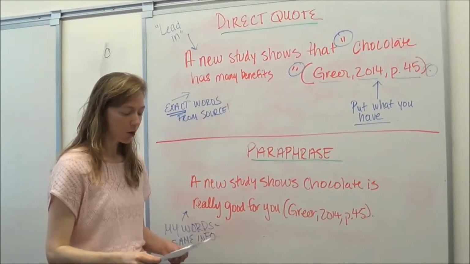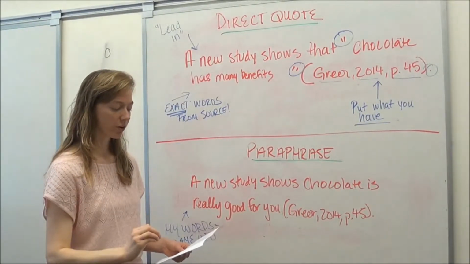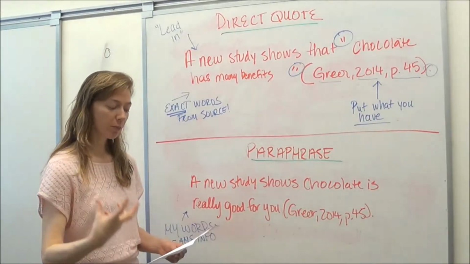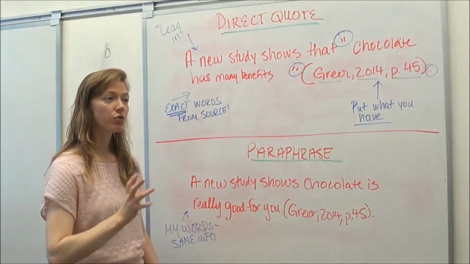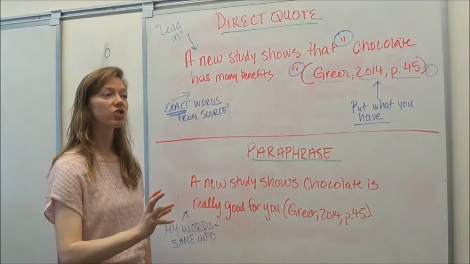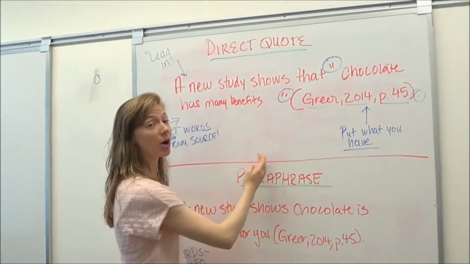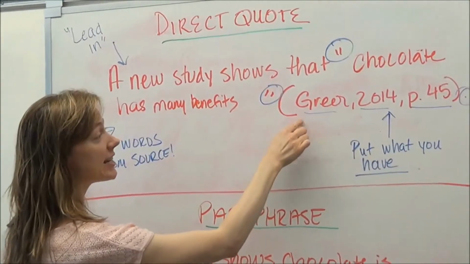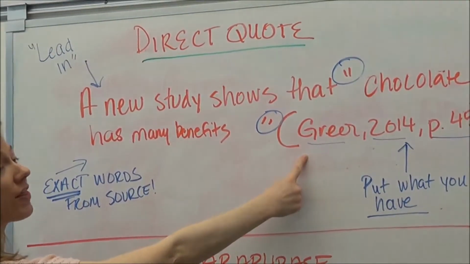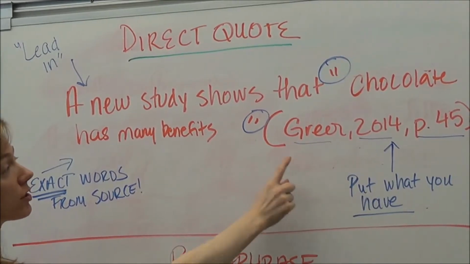A direct quote is when you use the exact same words as the source, okay? You can quote many words or just a few, but anytime that you use the same words as the source, you need to provide quotation marks around those words and then provide the in-text citation that gives the information as to the original source.